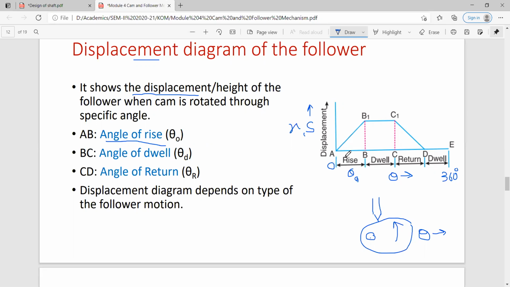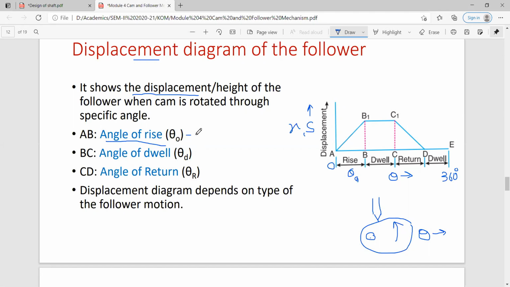When it starts rotating through angle theta 0, the follower will move up, and at point B it will be at its topmost position. This journey of the follower from the lowest position to the highest position takes place through a specific angle theta 0, which is known as angle of rise.